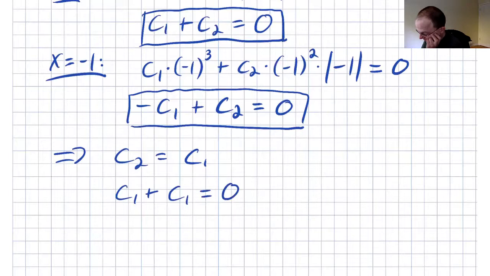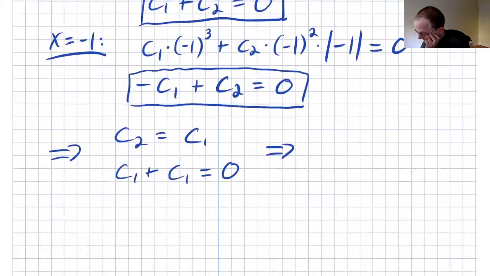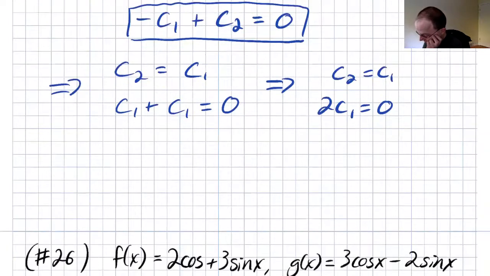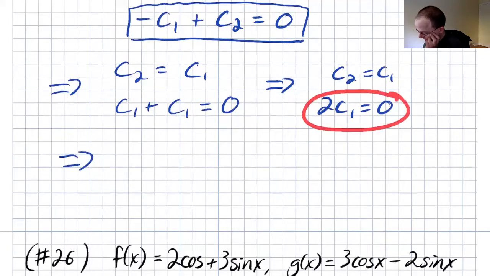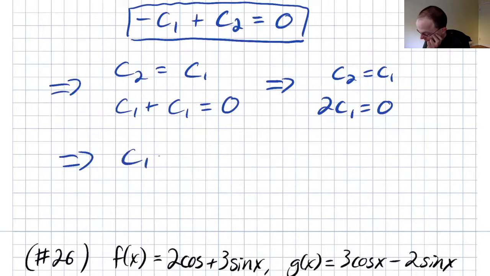And what does that tell us? Let's see. So that tells us that 2C1 is equal to 0. And we still have this. And then this one now tells us that C1 has to be 0. And then that tells us that C2 has to be 0. So yeah, this clearly tells us that C1 and C2 have to be 0.